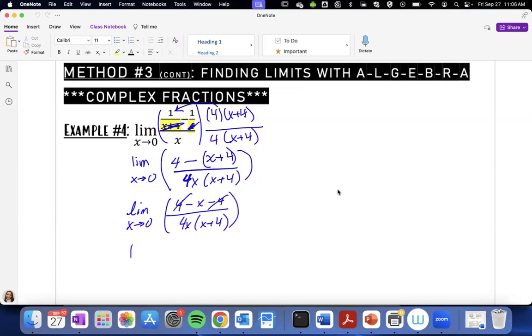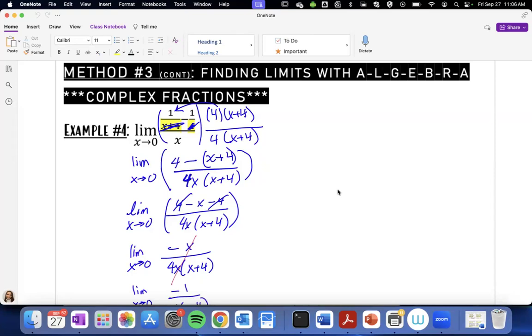You get the limit as x approaches 0 of negative x all over 4x times x plus 4. Hey, do the x's cancel? Boom. They do. So then you get the limit as x approaches 0 of negative 1 over 4 times x plus 4. Can I plug in now?